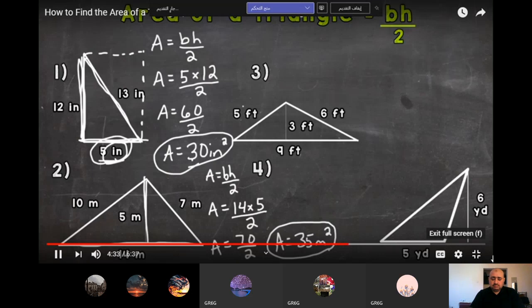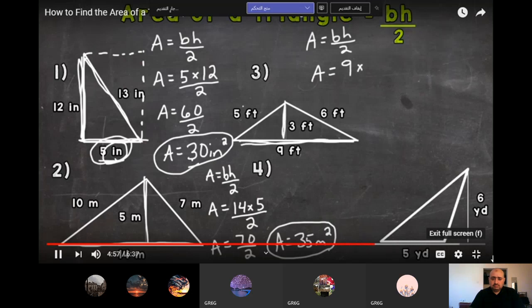So for number 3, let's start by writing out our formula. It's always a good habit just to start by writing out the formula. So we have area equals base times height divided by 2. Now, hopefully we know what we do next: plug in. The base of the triangle is 9, times the height.